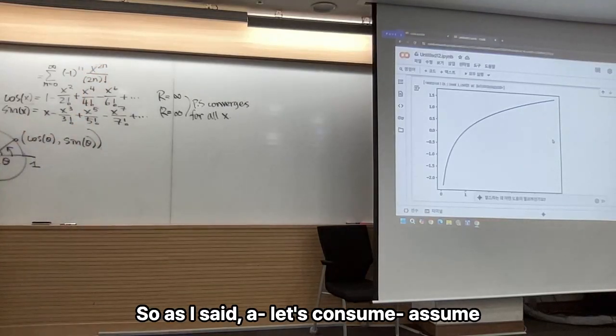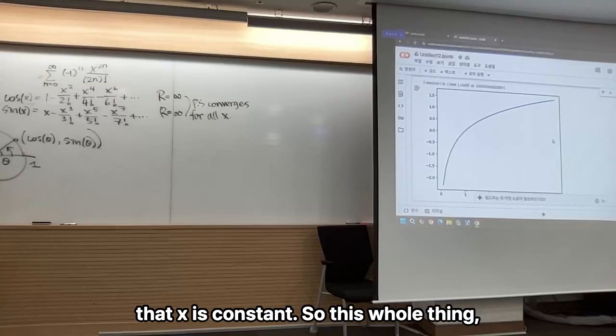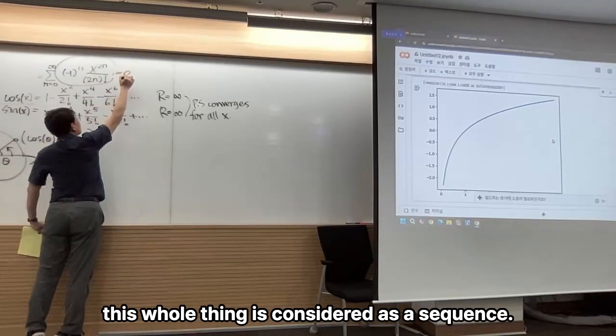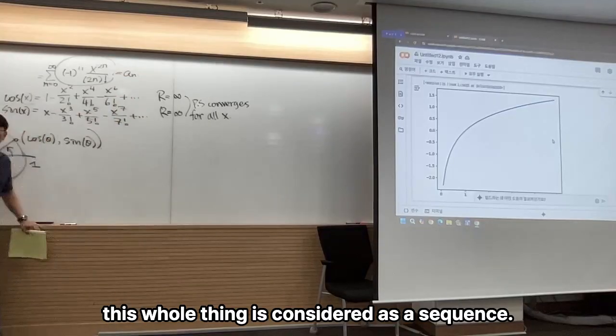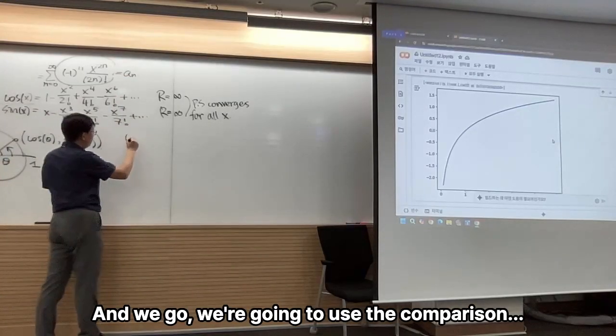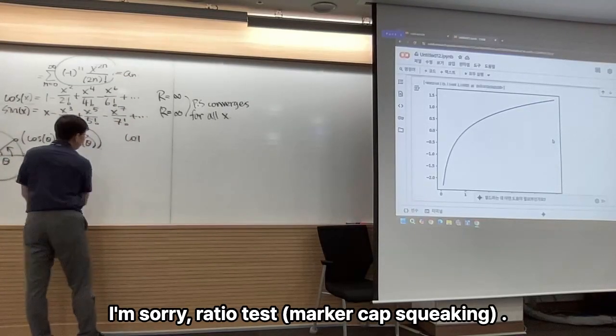So as I said, let's assume that x is constant. So this whole thing is considered as a sequence that makes our series. And we're going to use the ratio test.